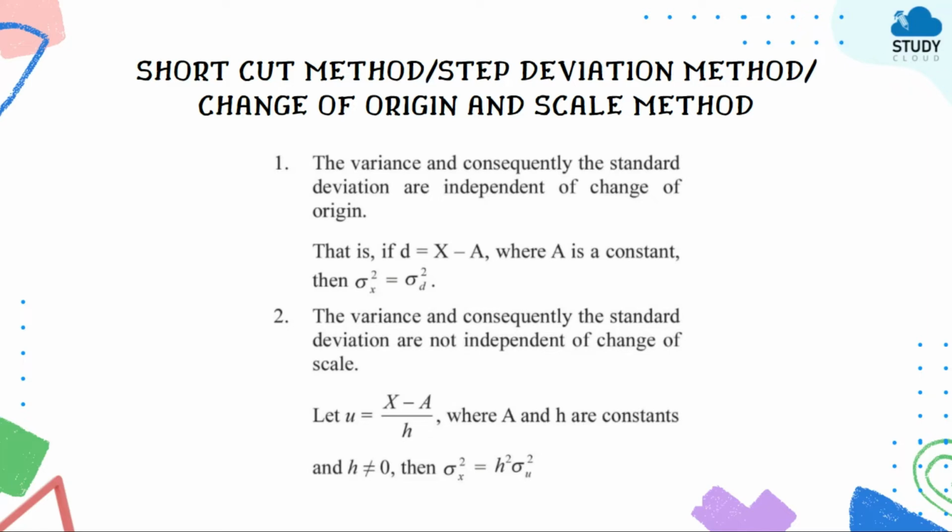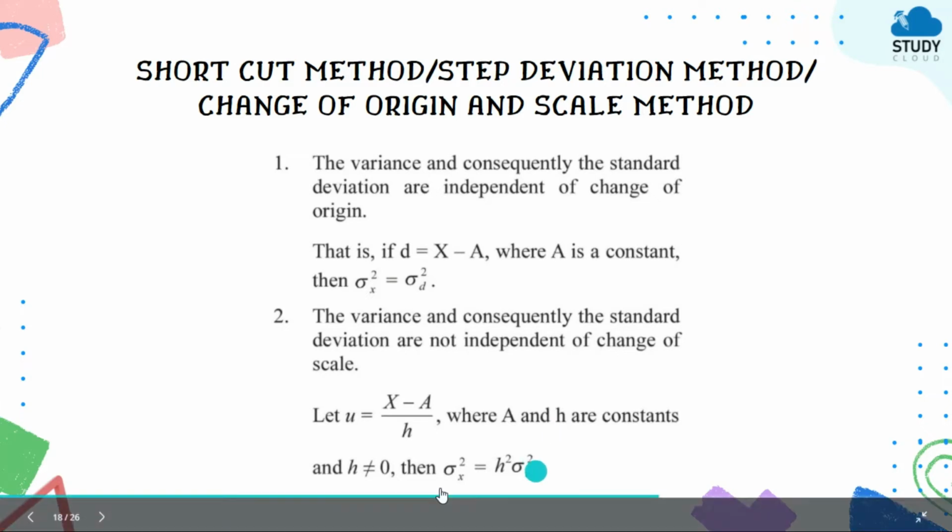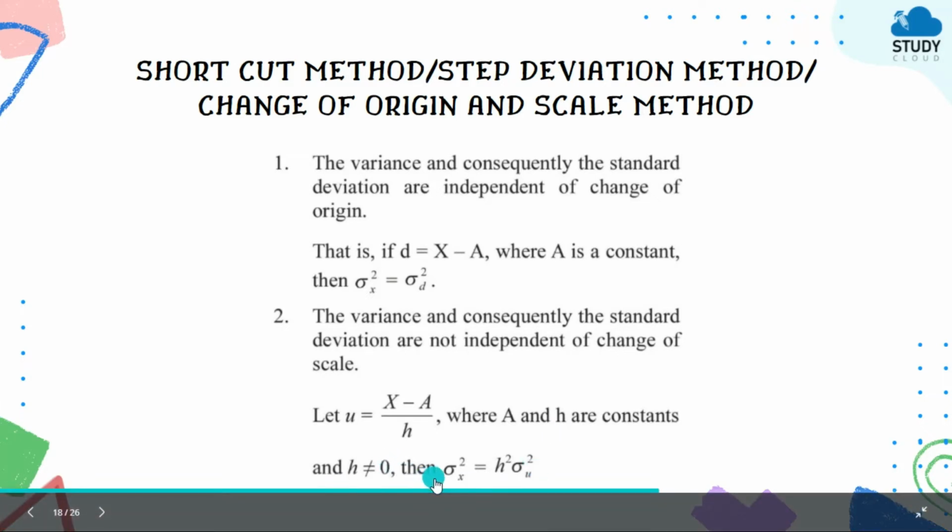If class interval is not given, then h is the difference between two consecutive values of x for ungrouped data. Then if h is not equal to 0, sigma square of x is equal to h square sigma square u.